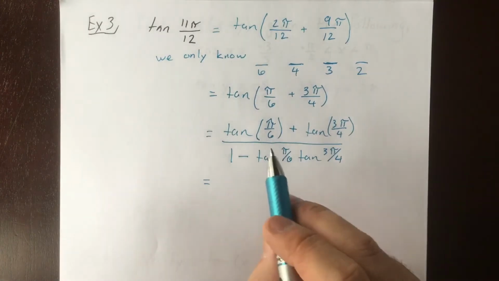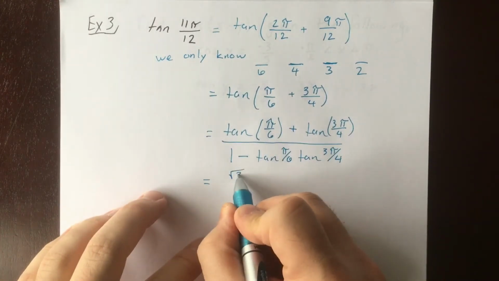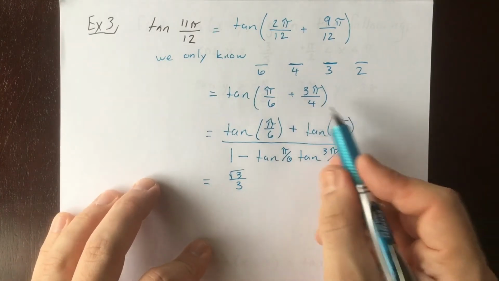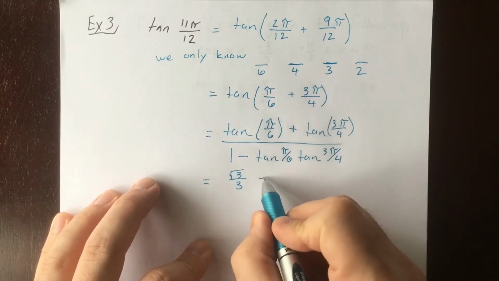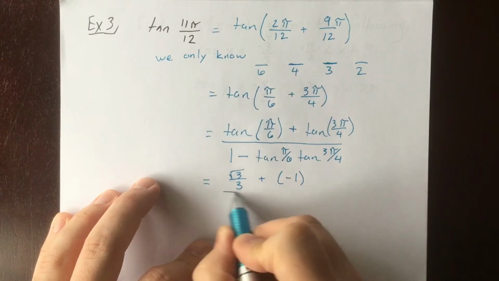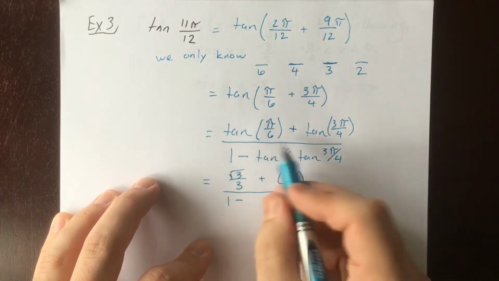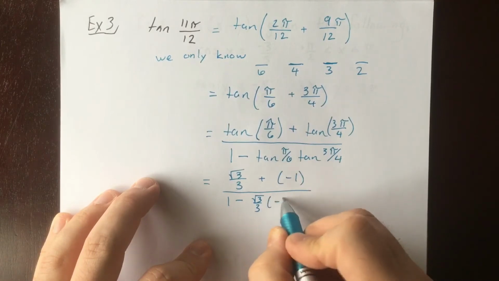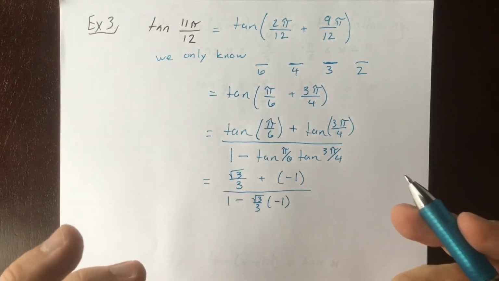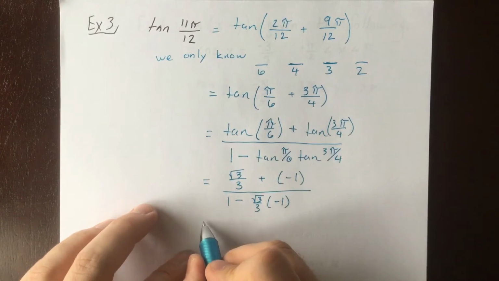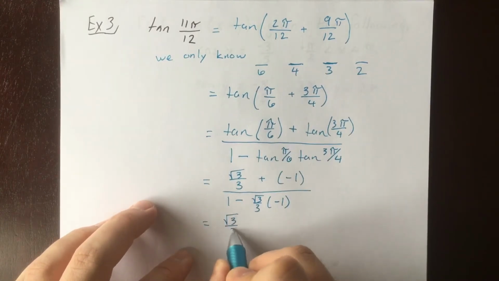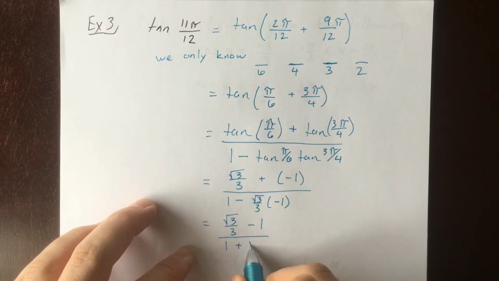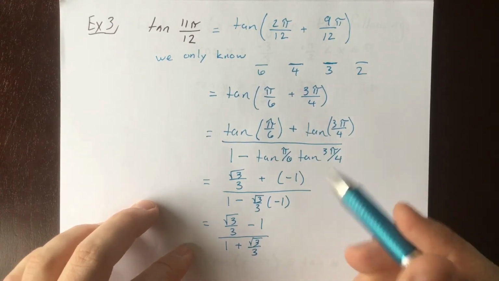Tangent of pi over 6, that is square root of 3 over 3. Tangent of any fourth is 1, but this is going to be in the second quadrant, so this is -1. And then we have 1 minus, again, square root of 3 over 3, and again, -1, which simplifies to square root of 3 over 3 minus 1, over 1 plus square root of 3 over 3.